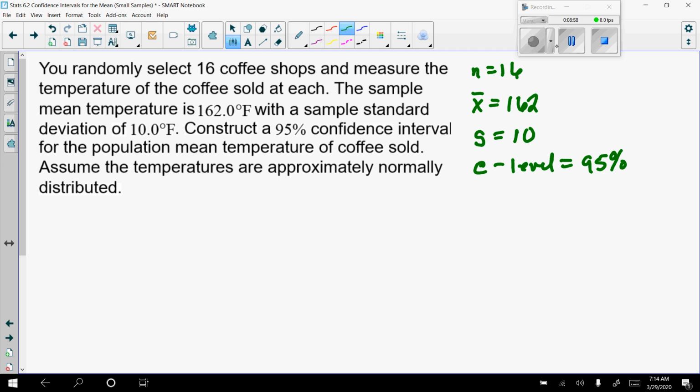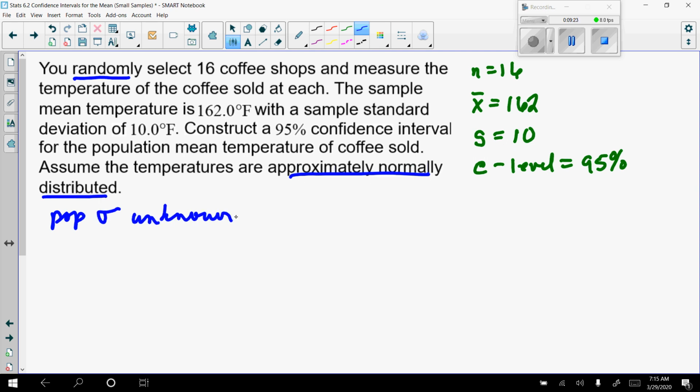So we randomly selected and they're normally distributed, so our conditions have been satisfied. We also don't know our population standard deviation, it is unknown.